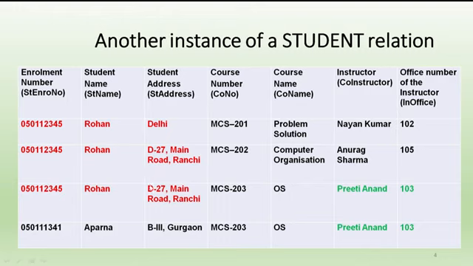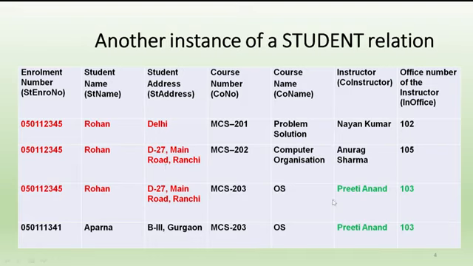Since the information is repeated at three different places, by chance we did not realize it and updated the information at only one place. So the redundancy of information has led to inconsistent information now. Over here it is Delhi and over here it is Ranchi. There is going to be some problem when we access this particular tuple.